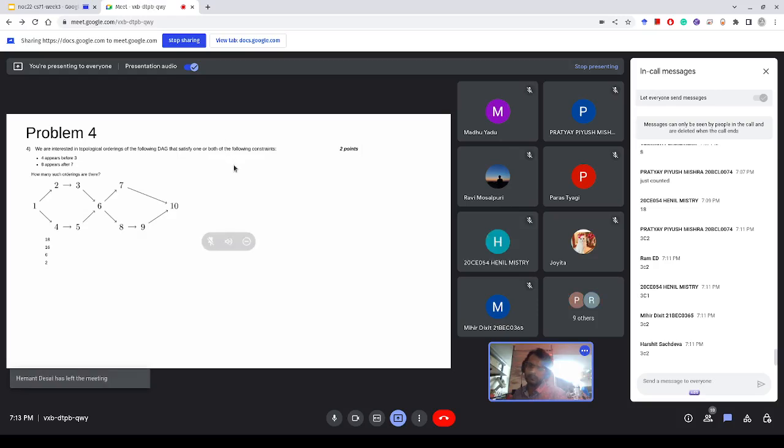Now tell me what would be the final answer of this question. Total number of orderings are 18. You have to remove the topological orderings in which both of the constraints fail. If either one is satisfied, it's okay. You have to remove the orderings in which both of them are breaking.